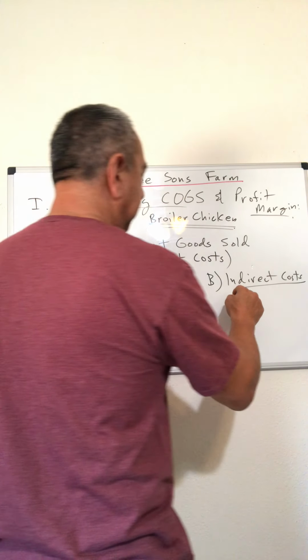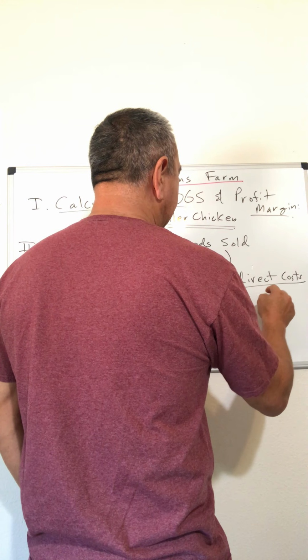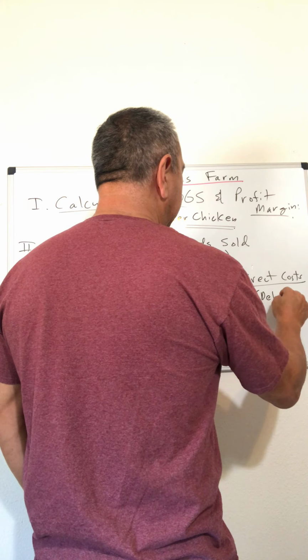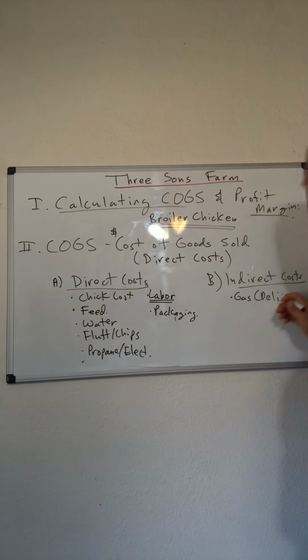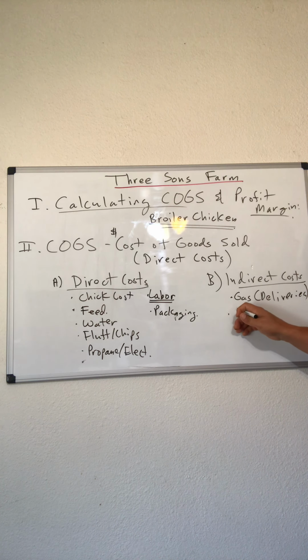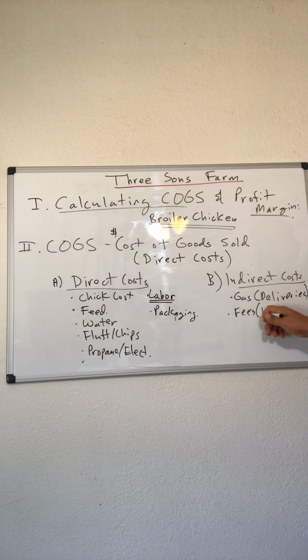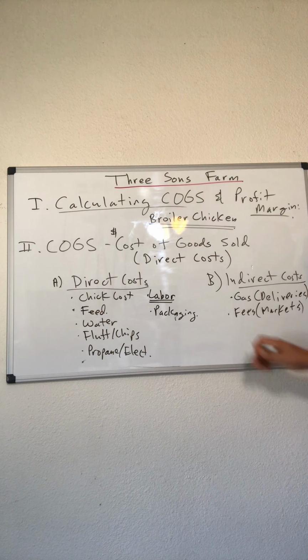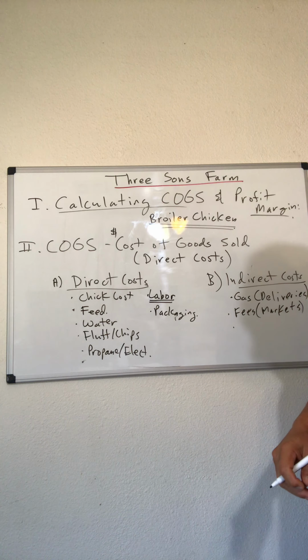Indirect costs could be things like gas for deliveries. It could be farmers market fees. What else do I have here?